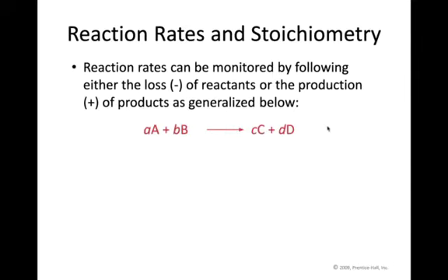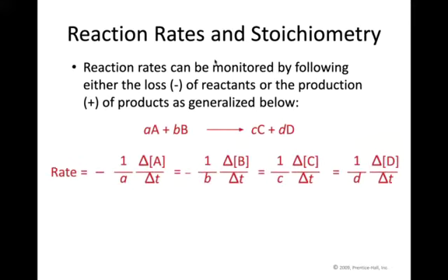Remember that reaction rates or rate laws can't be written just from the reaction coefficients. We do have this general relationship that for any reaction, the rate would be 1 over its coefficient times the change in the concentration of that species over the change in time.